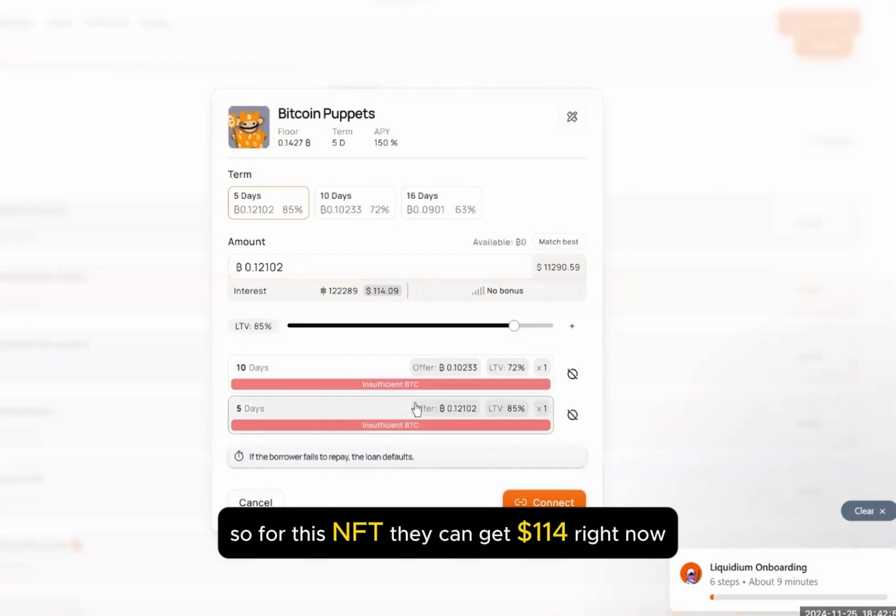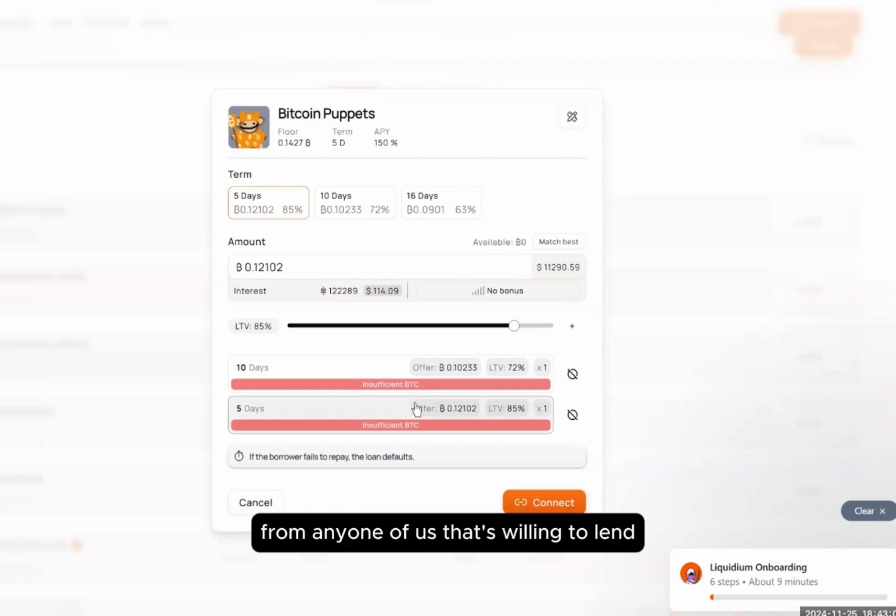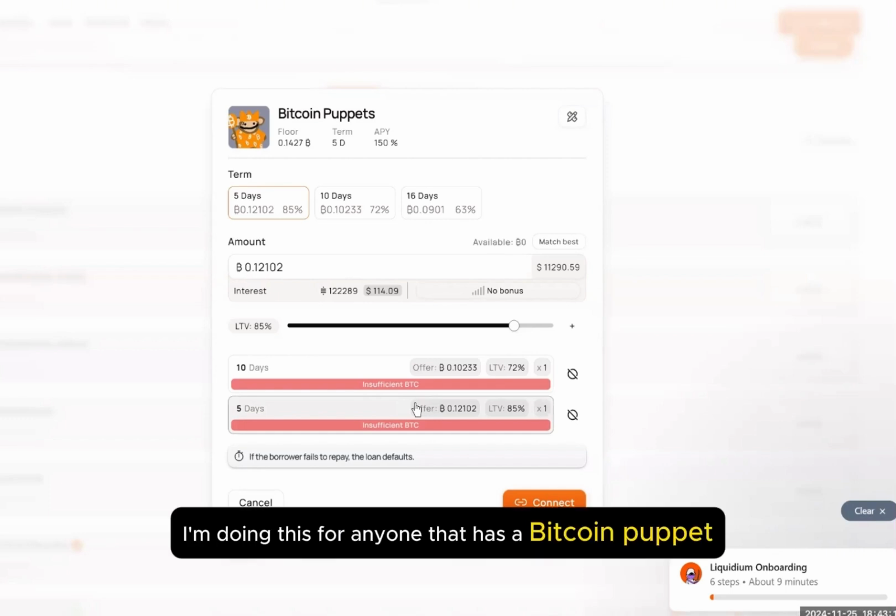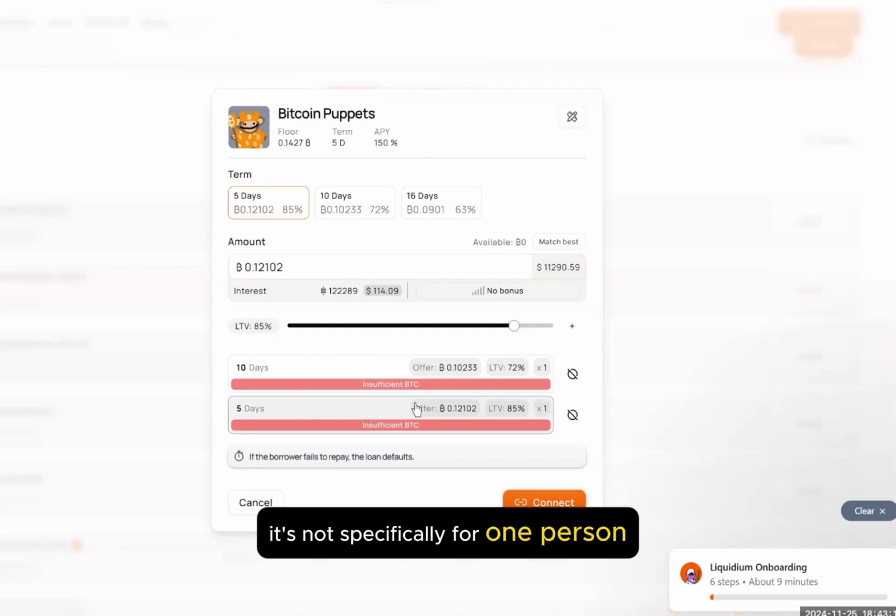So for this NFT, they can get $114 right now, instant liquidity from any one of us that's willing to lend. So when I hit lend, it's going to make the offer and it's up to them to accept it. Now, when I do this, I'm doing this for anyone that has a Bitcoin puppet. It's not specifically for one person.